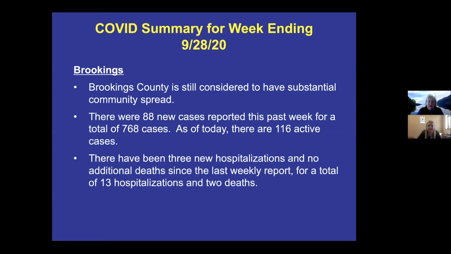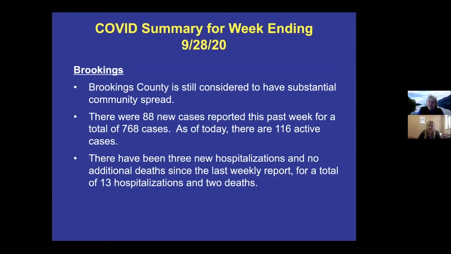There were 88 new cases reported this week for a total of 768. As of today, there are 116 active cases, and the number of active cases actually looks like it may be starting to go down. There have been 3 new hospitalizations this past week with no additional deaths.